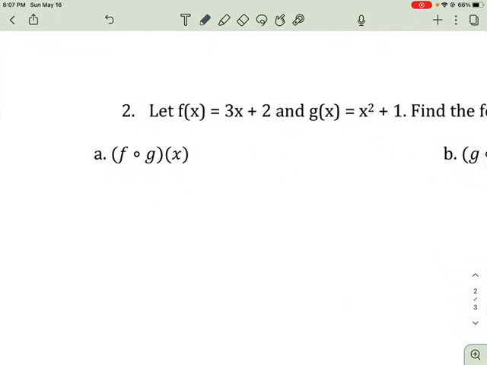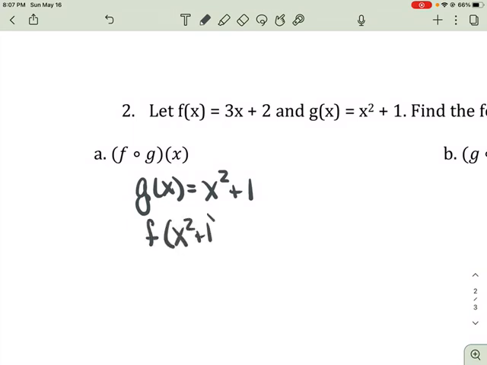Here is another way to think of this. If that's confusing, take g of x, which is x squared plus 1. Now we have evaluated g of x, and we're going to go f of x squared plus 1.